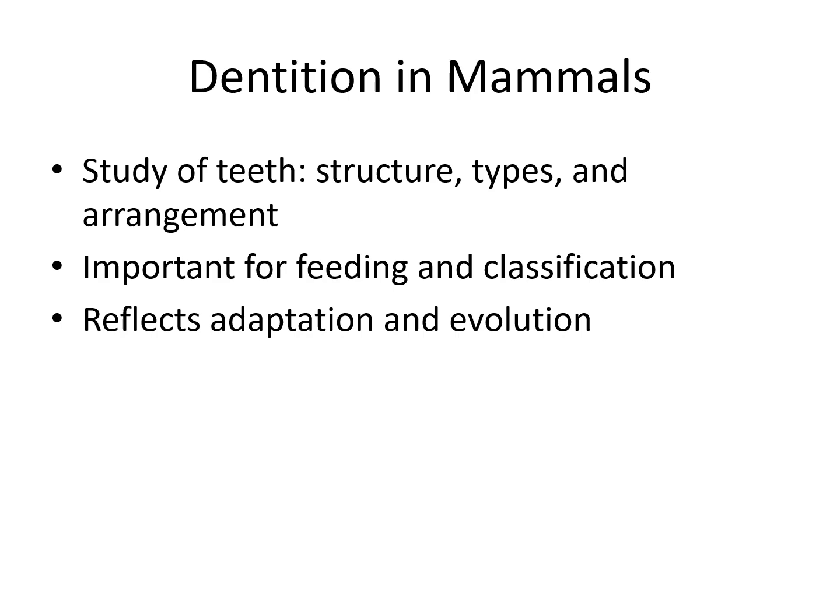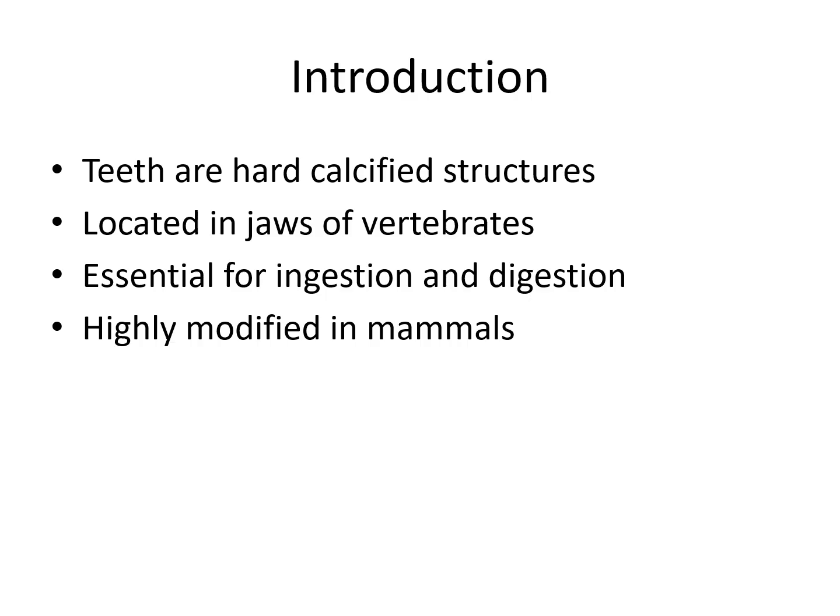The study of dentition not only aids in understanding feeding mechanisms but also plays a significant role in classification, identification, and tracing evolutionary relationships among species. Teeth are hard, calcified structures present in the jaw of vertebrates.